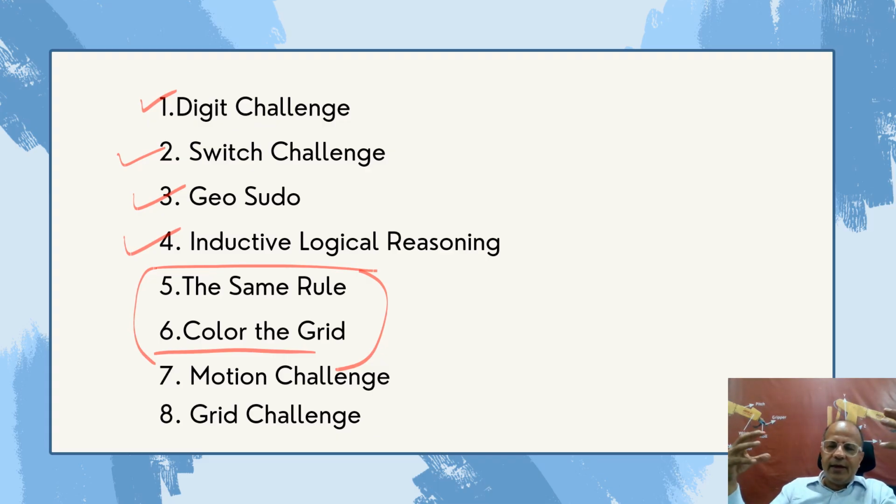An arrangement in a grid is going to be given, and it can have alphabets, numbers, vowels, consonants, it can be even, it can be odd. Based on some kind of pattern, other grids are colored, and you need to find that pattern and color the options. Same thing is similar with the same rule. Okay, it's not coloring, it is picking the pairs.